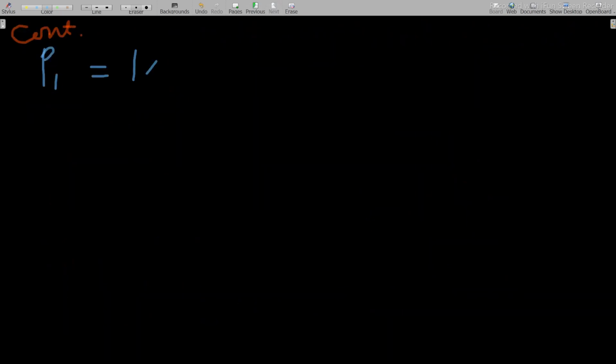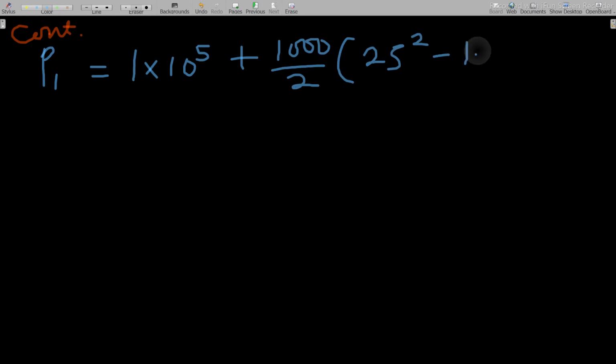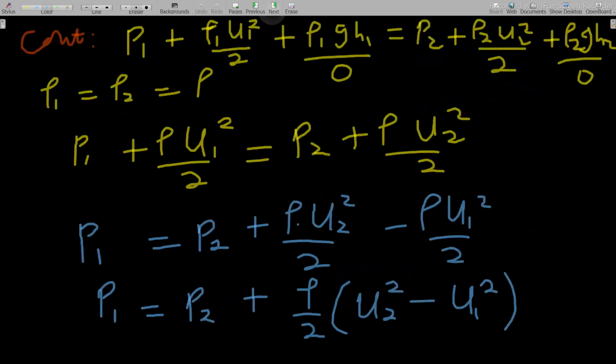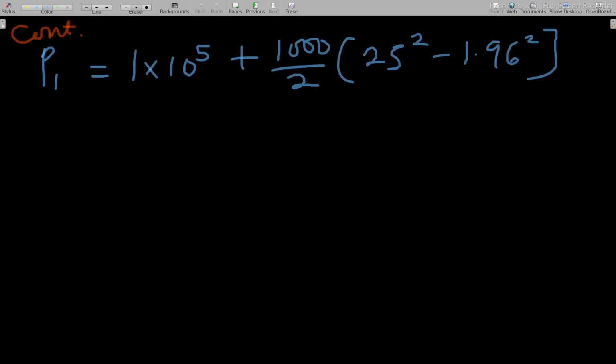So 1 times 10 to the 5 plus ρ over 2, which is 1000 over 2, into U2, which is 25 meters per second squared, minus 1.96 squared. Remember, 1.96 was our U1. You can use a calculator to punch it straight if you want.